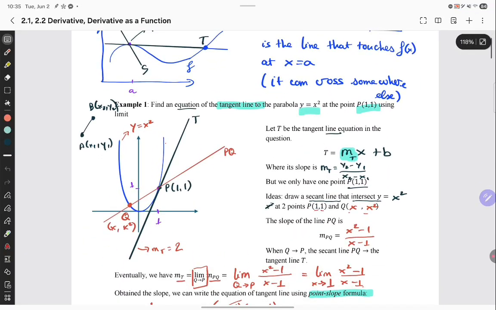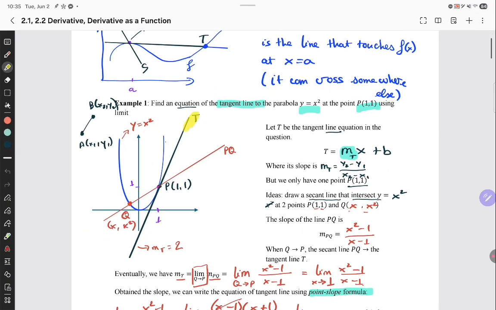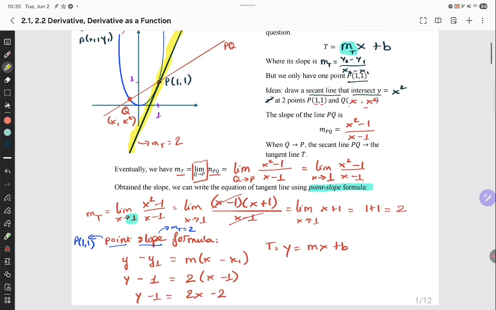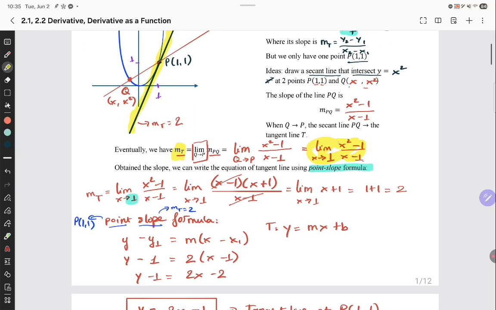In 2.1, we tried to figure out this t. What did we do? We did this. See? Look at the one that I'm highlighting right now. That was your version in 2.1.